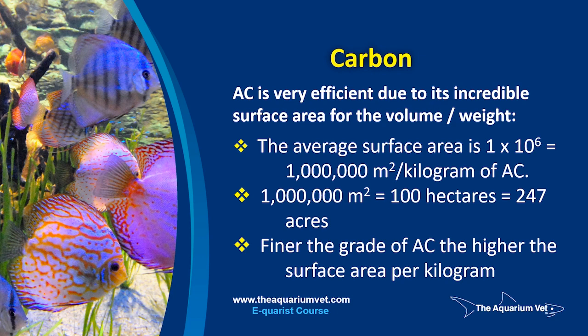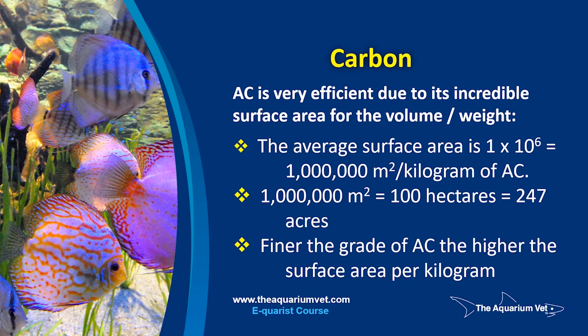And so if you take 1 kilogram of activated carbon, it's going to have a surface area of 1 by 10 to the 6 or a million square meters. Now, a million square meters is 100 hectares or 247 acres. So you've got 247 acres of surface area in a 1 kilogram bag of activated carbon.